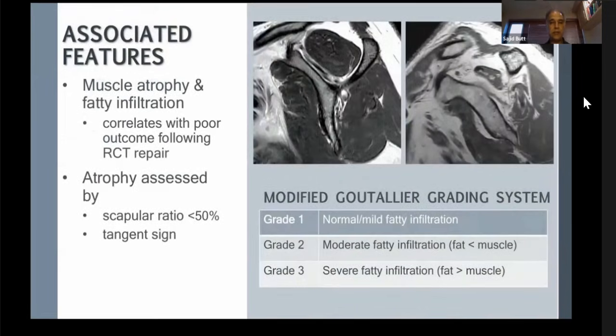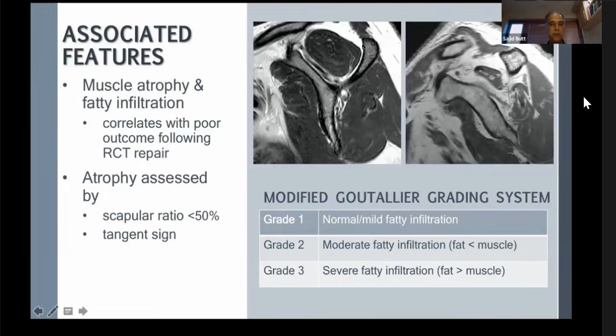You also need to tell the surgeons about the quality of the muscles of the rotator cuff. These are sagittal images. Once you see a rotator cuff tear, then subscapularis to the front, supraspinatus in the Y of the scapula, and infraspinatus, muscle bellies are assessed.